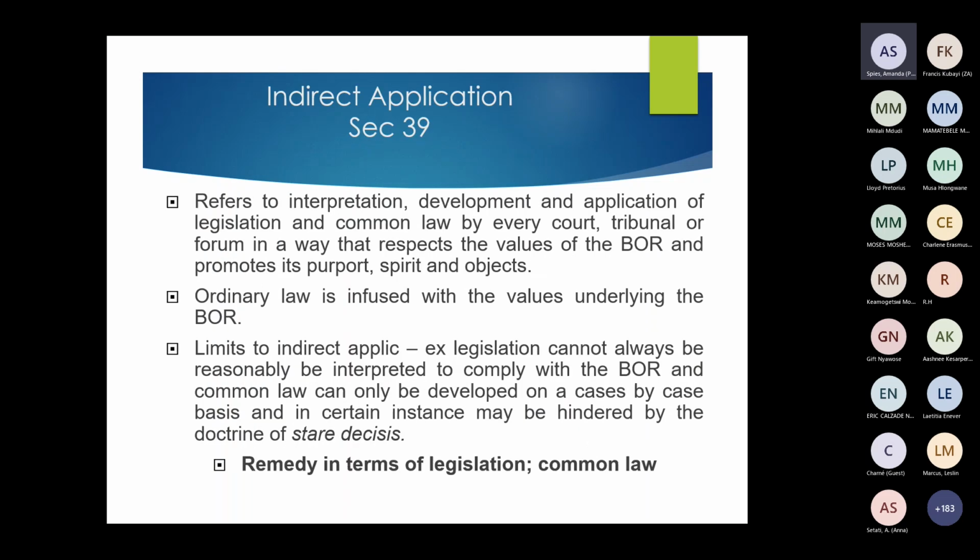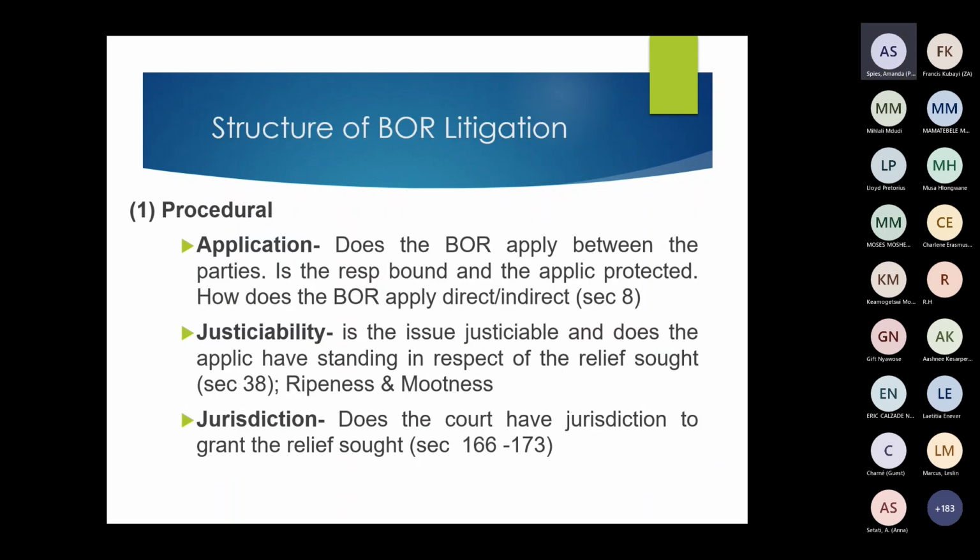So that is basically the first leg that we've just done, procedural application. If we want to know if the Bill of Rights is applicable, we look towards Section 8. Basically, in a very short, concise sentence, what Section 8 provides is that the Constitution and the Bill of Rights is applicable to everybody. It's applicable to the state, it's applicable to me and you, it's applicable to juristic persons as well. Also be aware that there's a difference between direct application and indirect application.